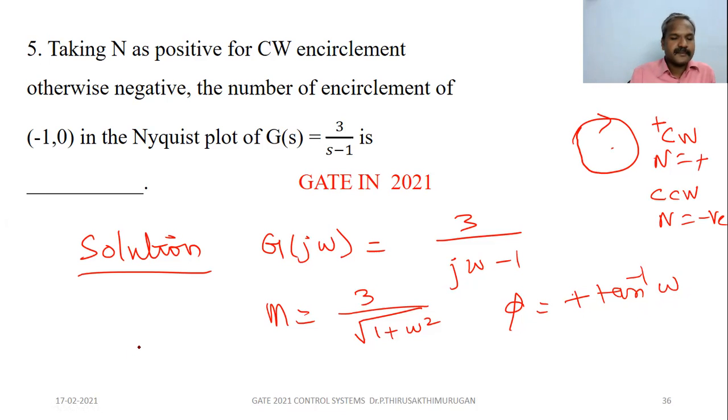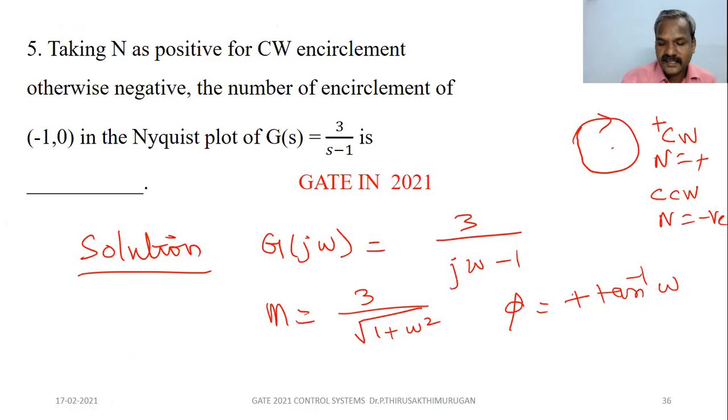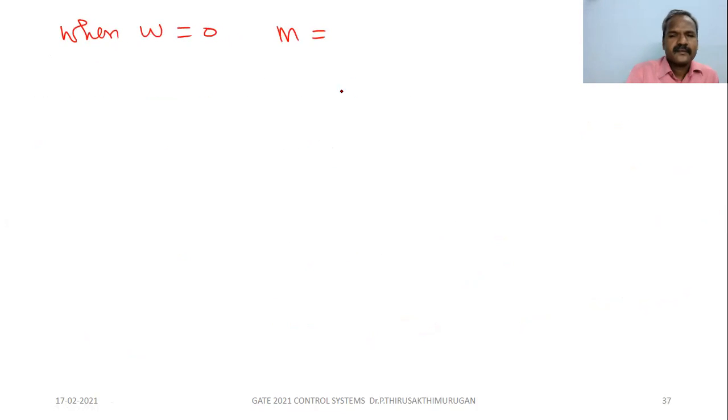Let us find the magnitude and phase when omega equals 0. The magnitude is 3. What is the phase angle?